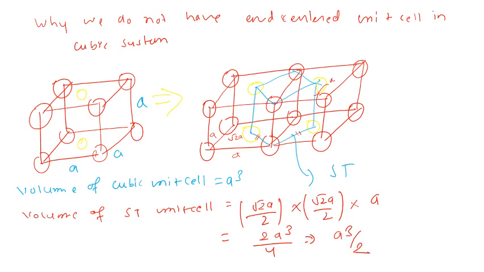So what we can observe here is that the volume of the cubic cell is twice the volume of the simple tetragonal unit cell. From this we can say our simple tetragonal unit cell volume is lesser than the volume of our end-centered unit cell.